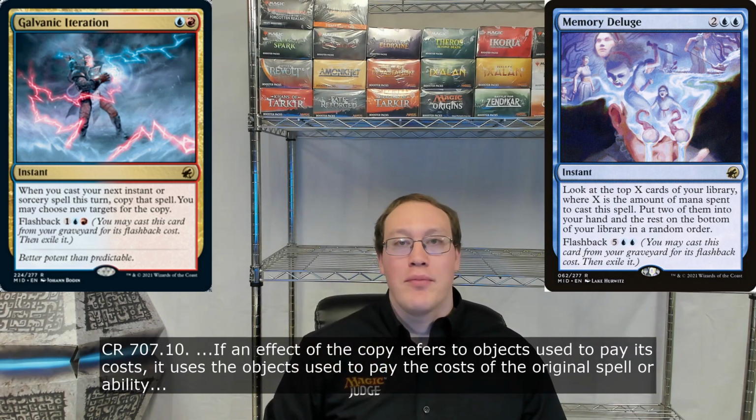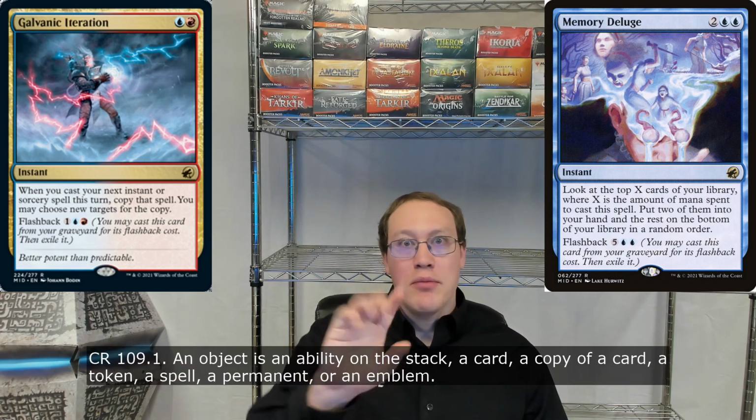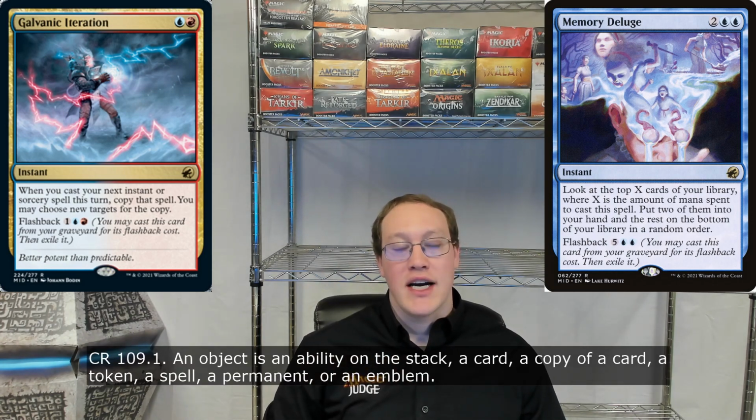This is the rule in the comprehensive rules that tells us exactly why that's the case. And so, if you read carefully, you'll notice something really interesting. If we need to know information about the objects that we use to cast the original spell, then the copy can use that same information. Now, objects would include the creatures that we sacrificed in order to cast the original Soul Blast.